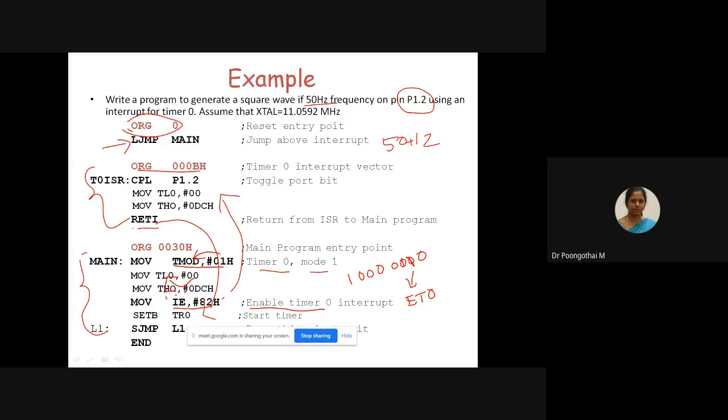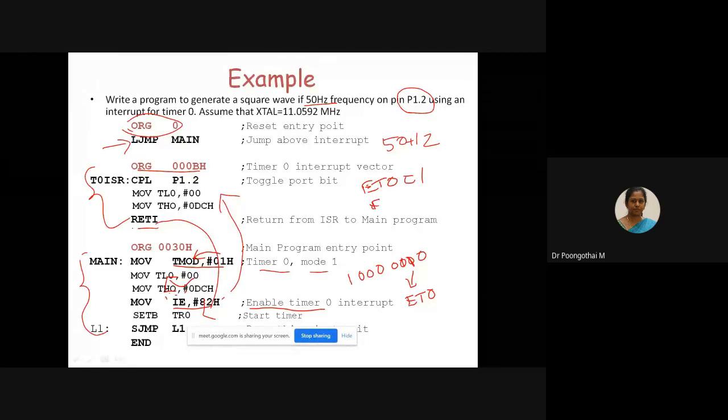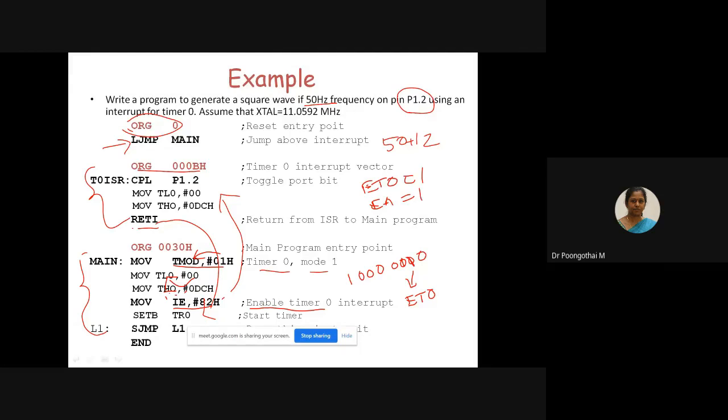So to enable this timer 0 interrupt, the bits that must be 1 are ET0 equal to 1, EA equal to 1, and TF0 equal to 1. These three bits must be 1 to enable this timer 0 interrupt.